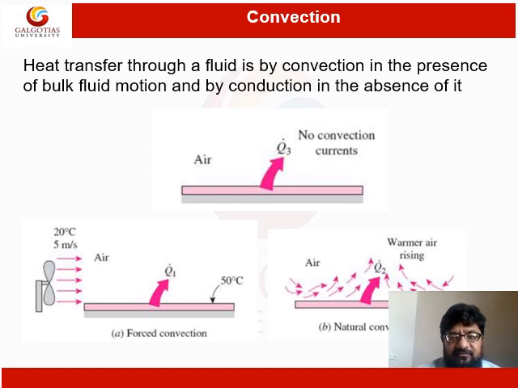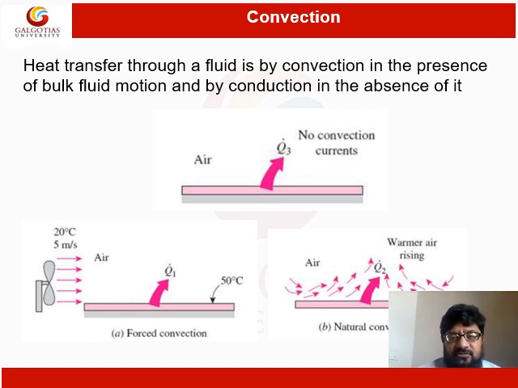In natural convection, once the colder fluid comes into contact with a hot solid surface, it gets warmer. So its density becomes less and it becomes lighter.